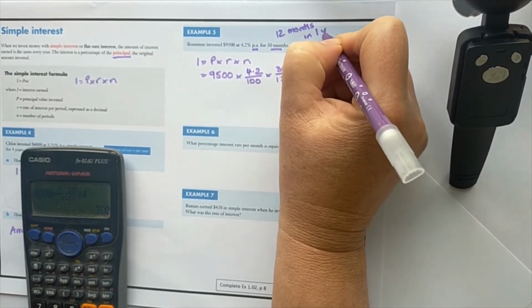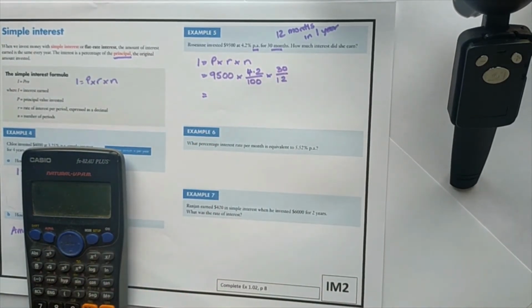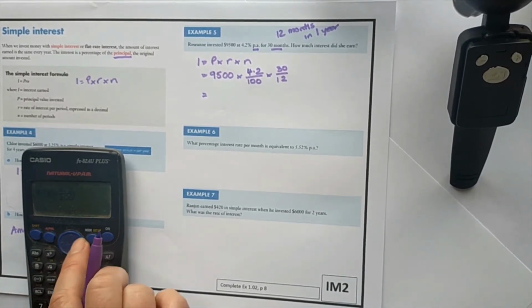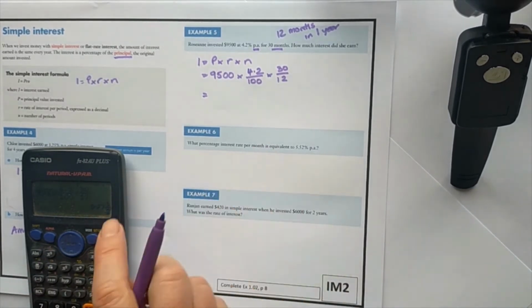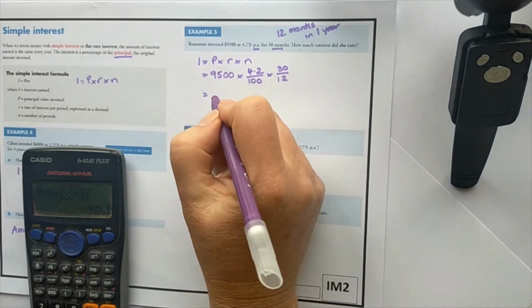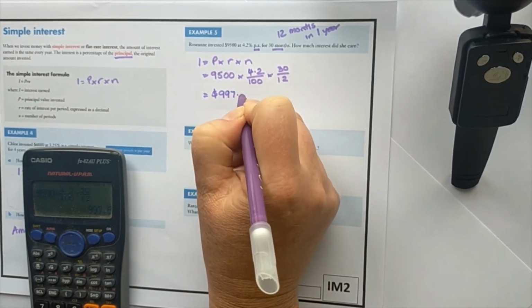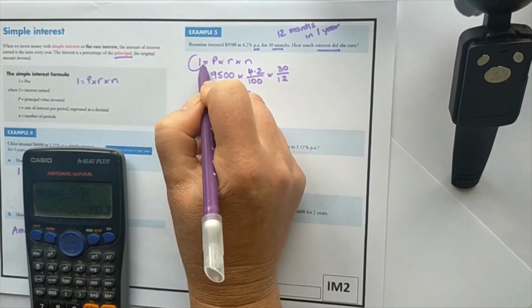So we're going to pop that in our calculator: 9500 times 4.2 over 100 times 30 over 12. And we're going to hit our button to turn that into a decimal. $997.50 is the amount of interest that she earned.